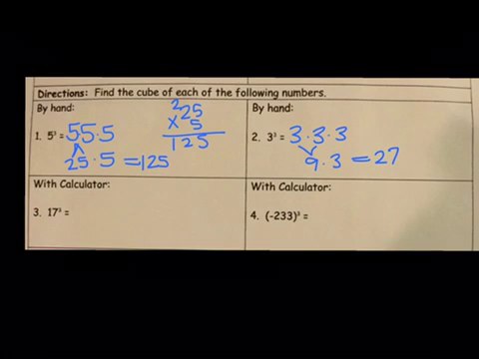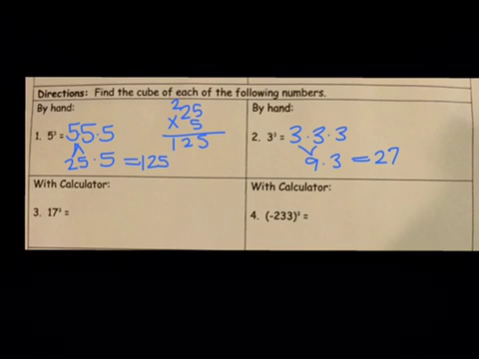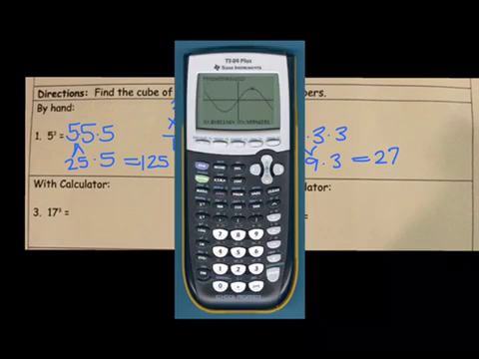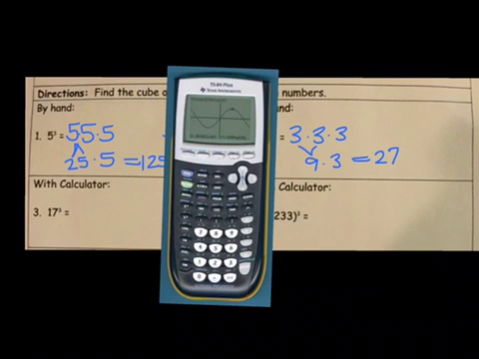Now these ones with the calculator. Number 3, 17 cubed. As we discussed before, I can show you with the calculator. We want to do 17, then the caret, and then 3.